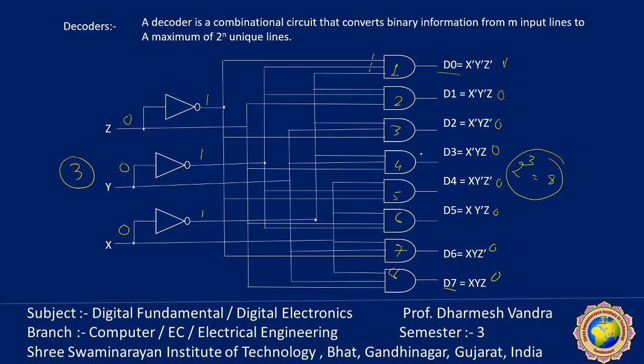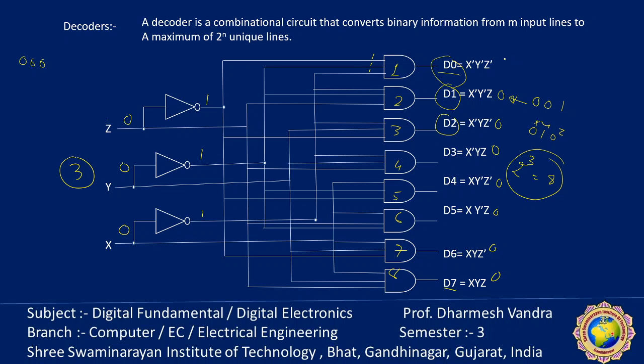So with 0 0 0, the output D0 will become 1. If my input is 0 0 1, then D1 will be logic 1. If my input is 0 1 0, XYZ, then only the D2 gate is logic high, and the remaining gates are 0.